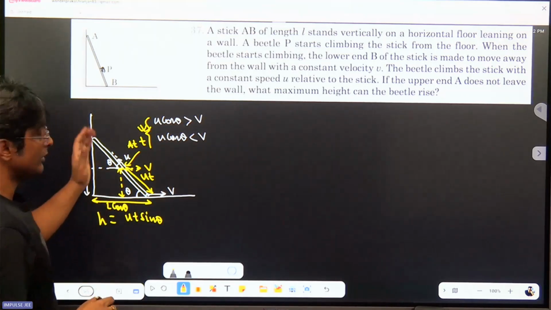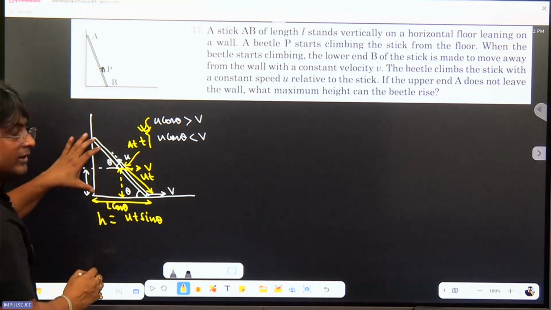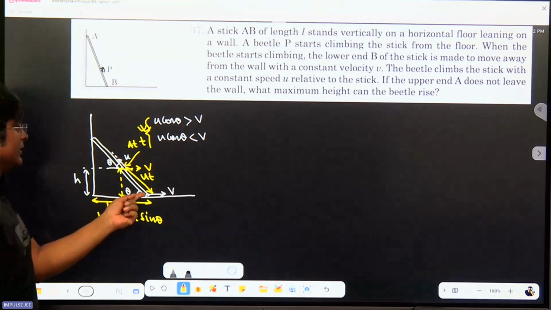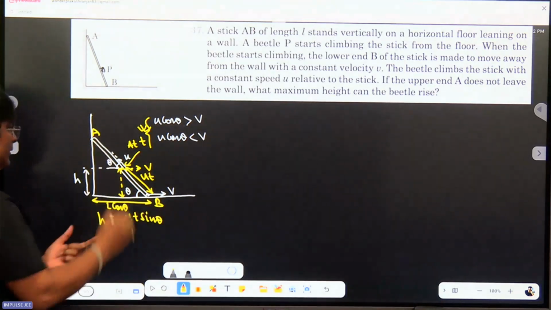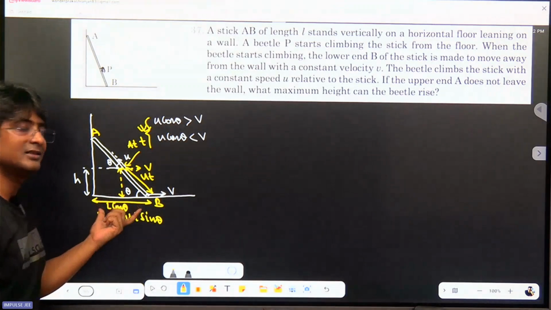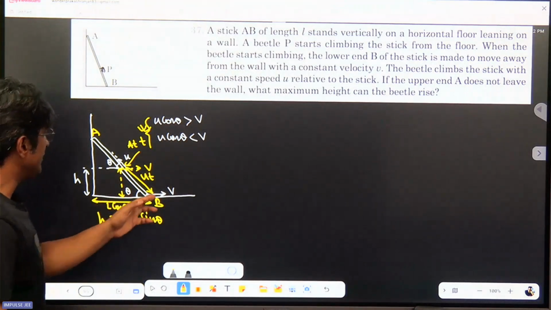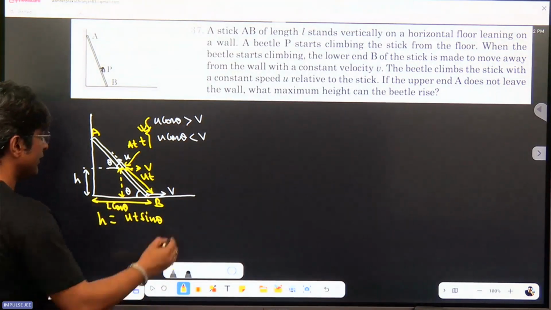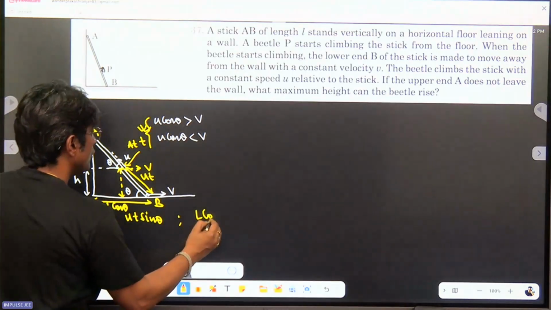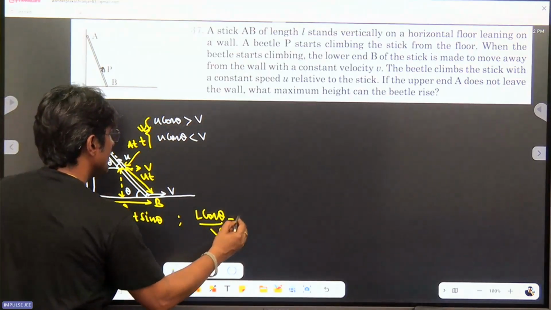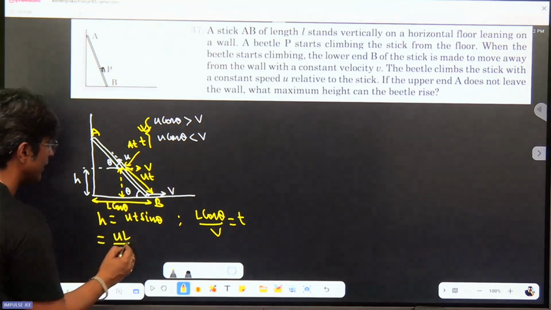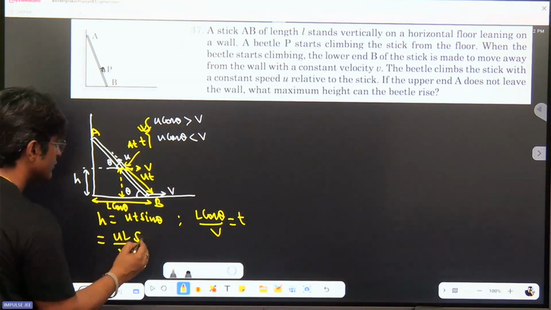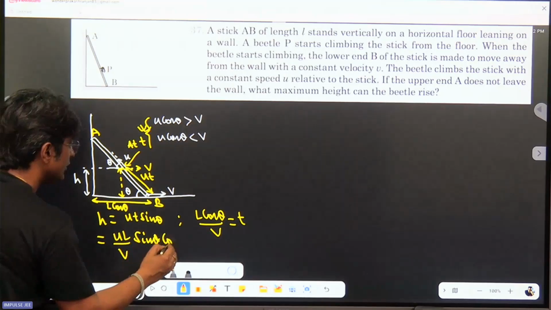When the beetle starts to climb, that time the stick was vertical. So in this scenario, this point B is moved by this distance L cos theta. So the time taken to move this, we can write as L cos theta by V. This is the time t. So if we substitute this value, then we have uL by V sin theta cos theta.